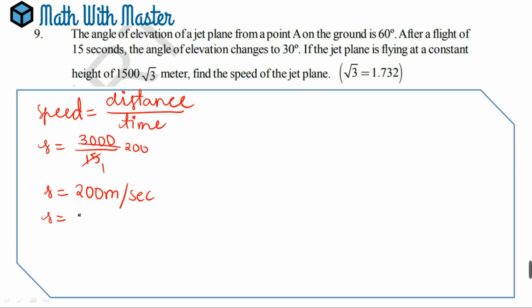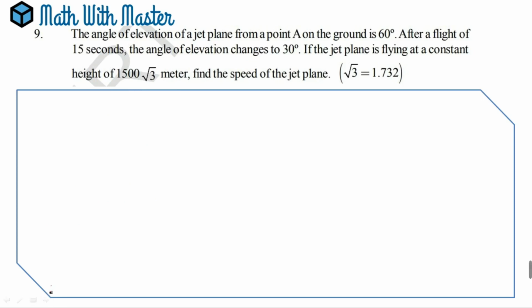So if we multiply them, we will get 720,000 meter per hour. But in kilometer per hour, we can write it as 720 kilometer per hour. So this was the speed of the jet plane. So we will move towards the next question.